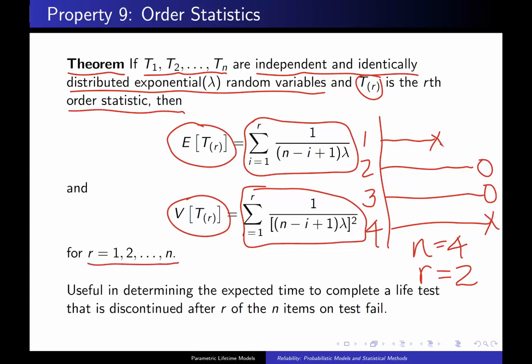This is useful in determining the expected time to complete a life test that is discontinued after r of the n items on test fail. And in our particular example right here, we have 4 items on test, and we conclude the test when the second one fails.